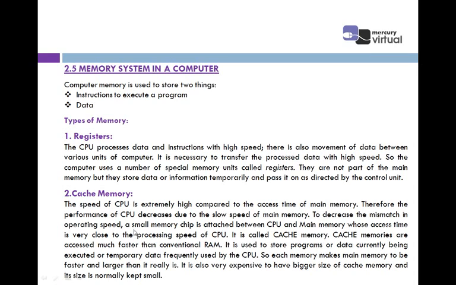Now let's see. A small memory chip is attached between the CPU and the main memory, whose access time, the time taken to fetch from the memory, is very close to the processing speed of the CPU. Means there is some chip installed between the CPU and the main memory whose speed is very high, that copes up with the CPU.